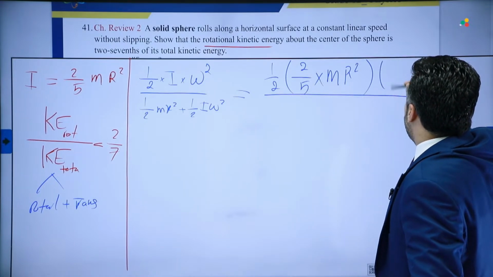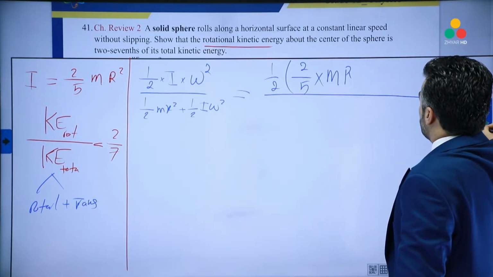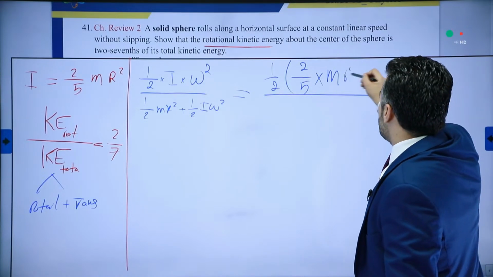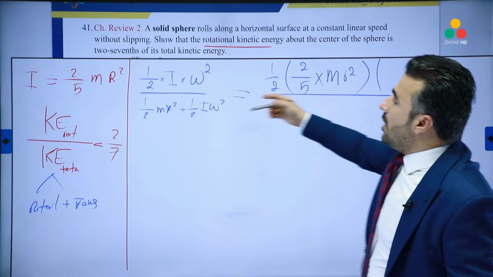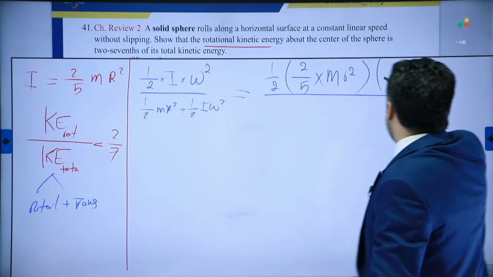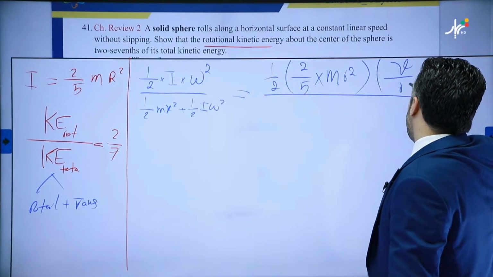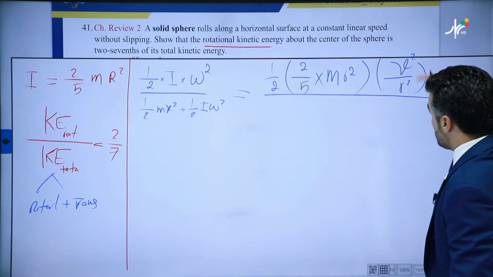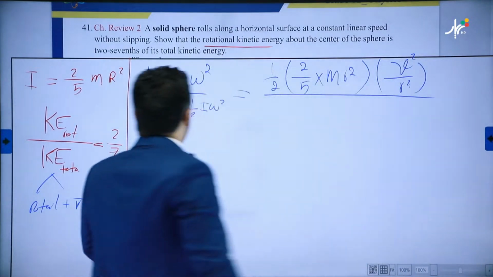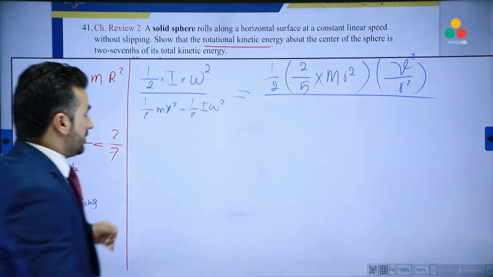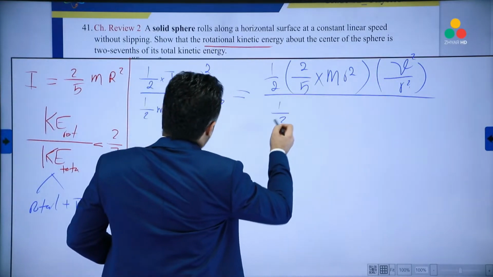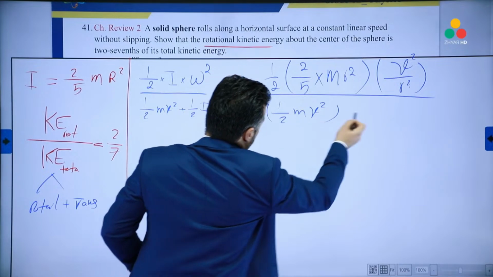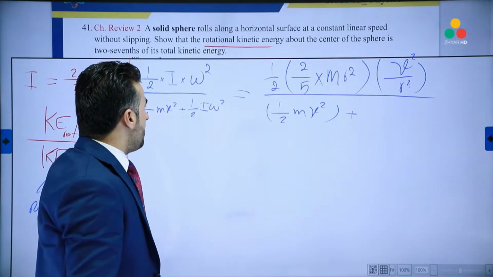We can just say, if I use r small here, it will be best so I can cancel them out. So this is r squared, and then omega squared. What is omega equal to? We know that it is equal to translational speed divided by the radius, all squared. Why? Because omega is squared, so squared and squared. Now that is for the rotational. What about for the total? Once again, we'll say 1 over 2 mass times velocity or speed squared, that is 1, plus, and then what else do we have?